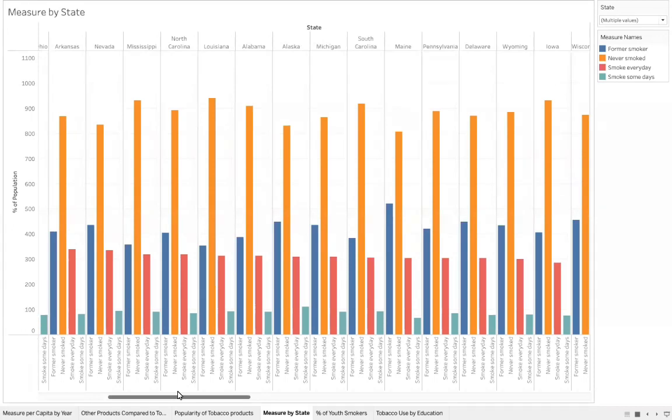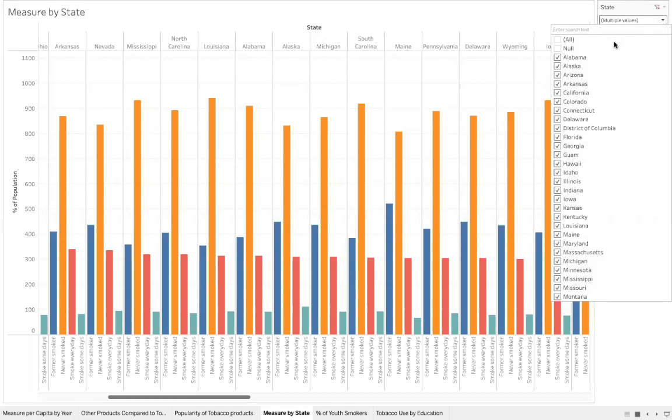So filters make it easier to display the percentages wanted for specific or certain states. The other filter, which is filtering the measure names, the 4 levels of tobacco use, right up here, by different colors so that the viewer is able to distinguish what bar is what.